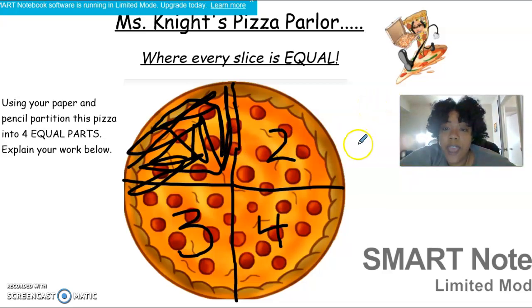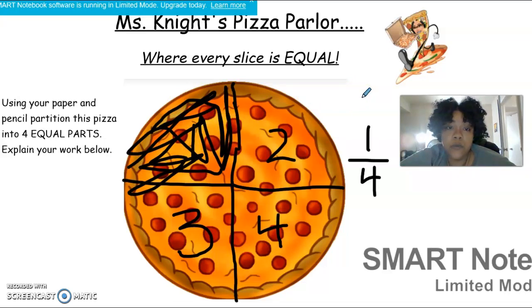And I know that I am just talking about one slice. And I also know that I have 4 total slices or 4 parts on this pizza. So my bottom number is 4. So right now we see 1/4 of the pizza shaded in.